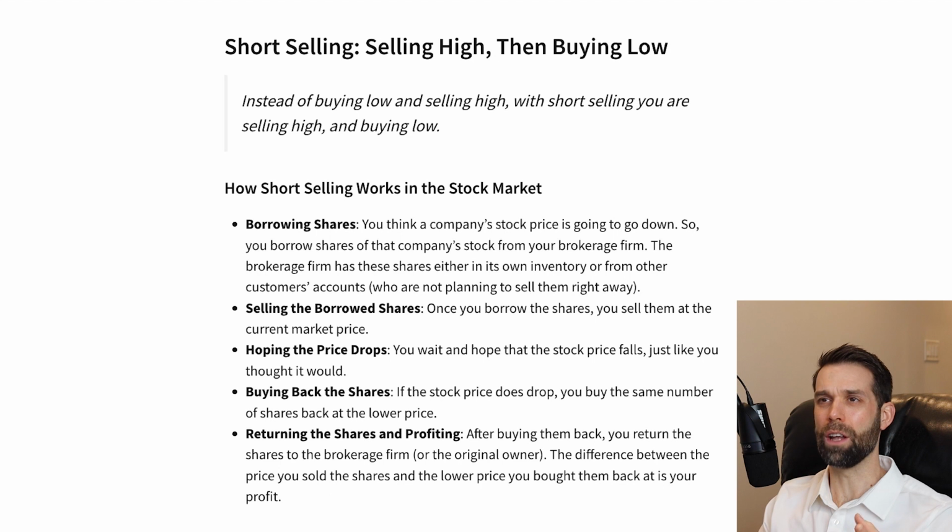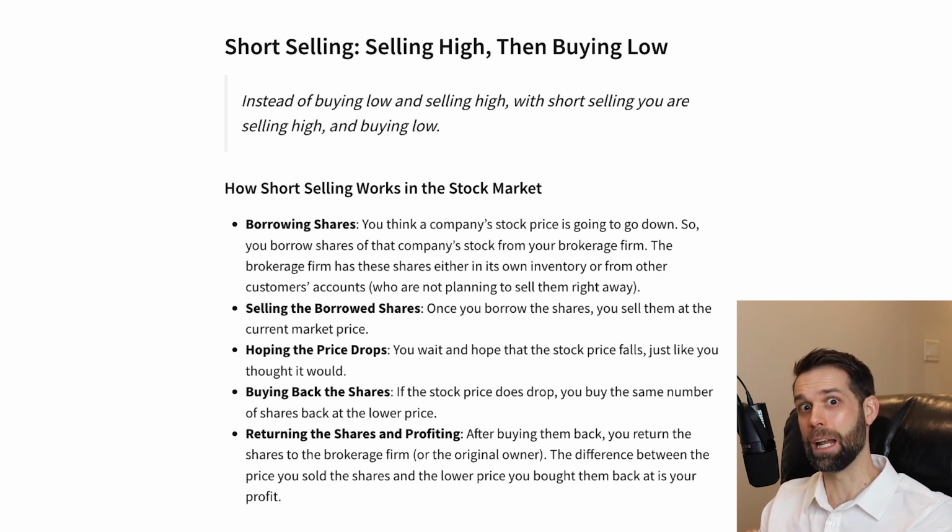We all understand this concept the other way around, where you buy low and sell high. Say you buy a stock at $100 and it goes up to $150 and you sell it. You've just gained $50 of profit. With short selling, you're doing it the other way around. You're selling high and then buying it back low. The only difference is that you need to borrow shares and then return them to make this whole process work.